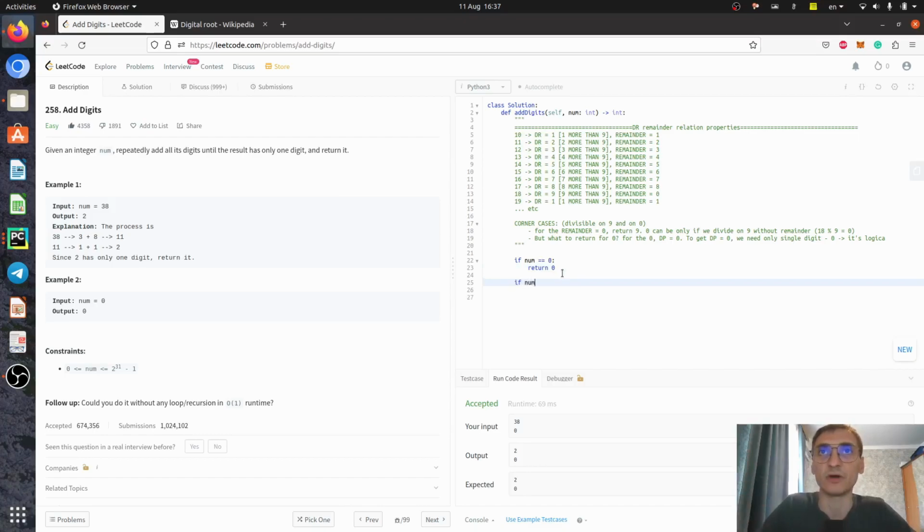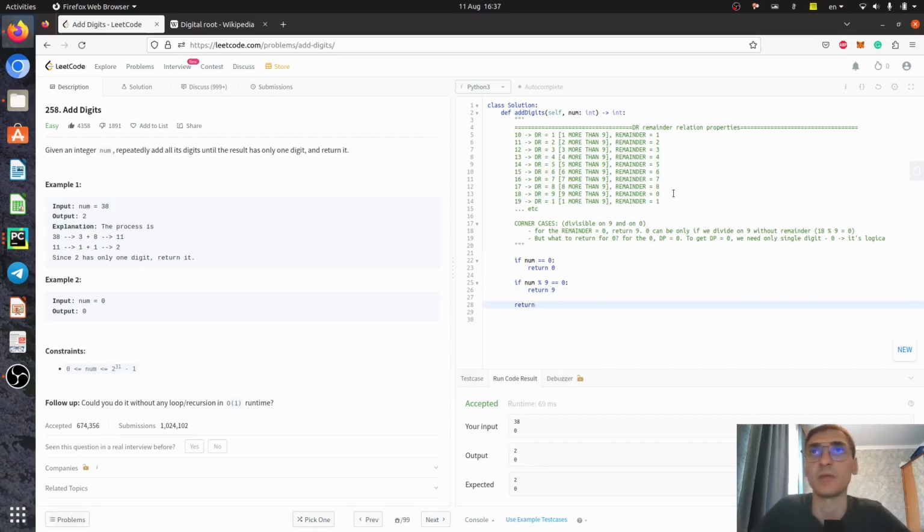If our number taking the modular operation of 9 equals 0, that's it: 18 divided by 9 leaves 0, and 9 divided by 9 without the remainder equals 0. Our remainder is 0, so we should return 9 in this case.